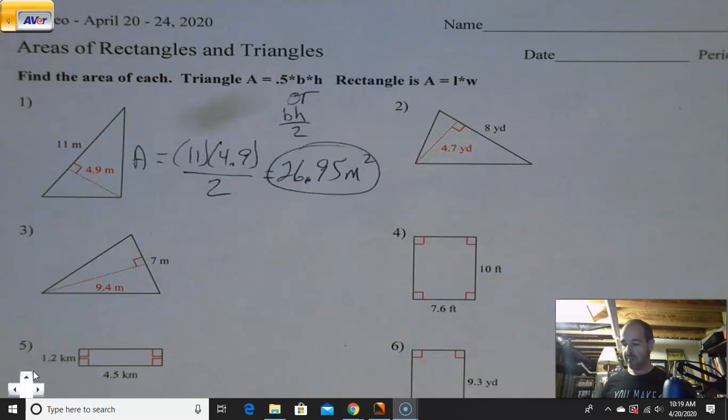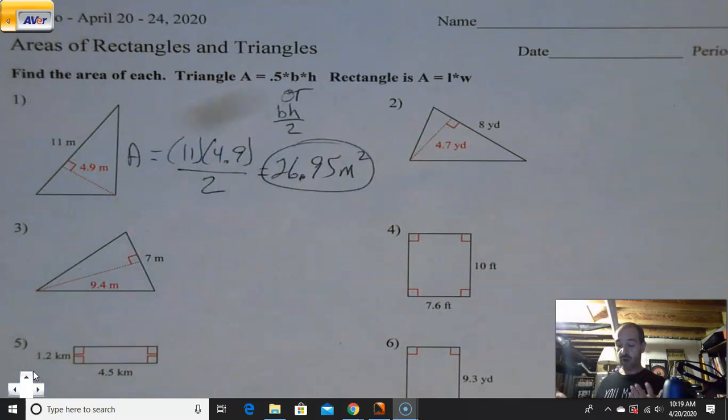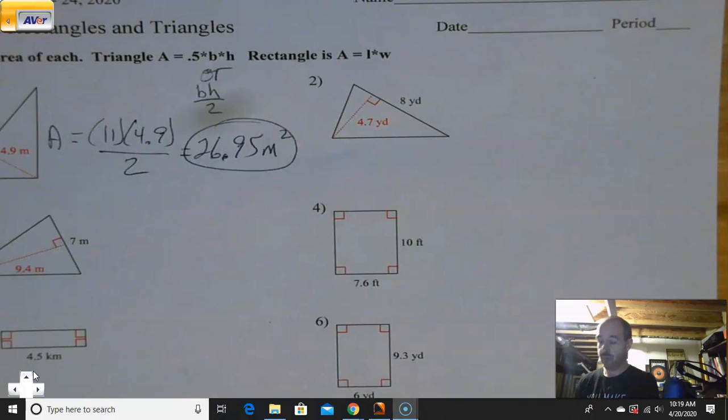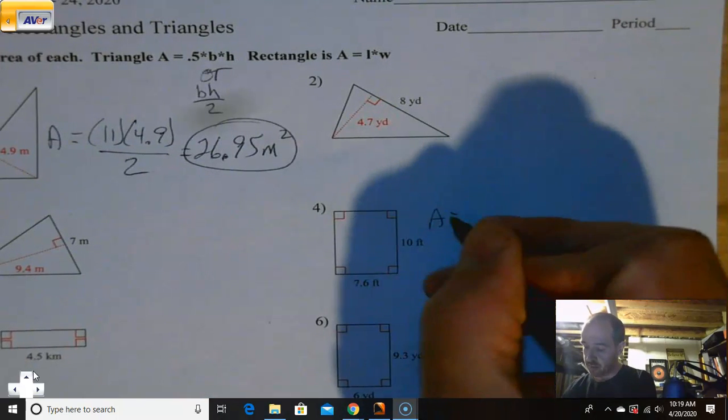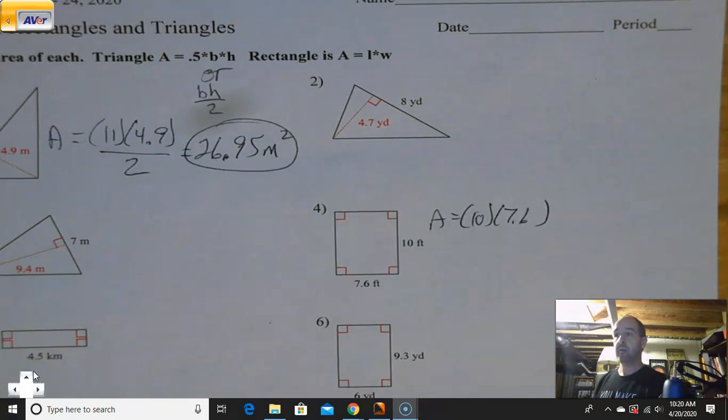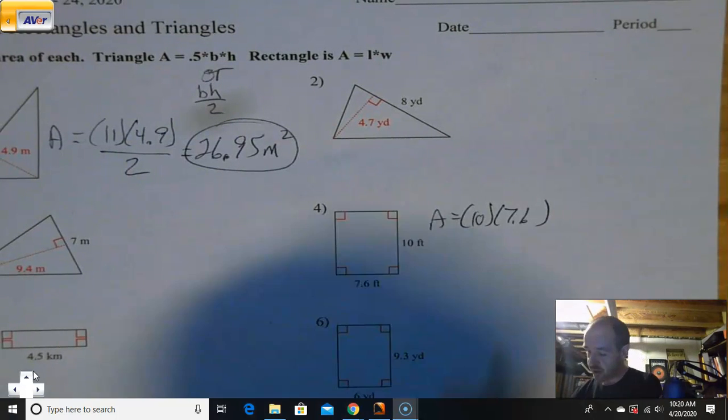So for triangles, base and height divided by 2, we're in good shape. Rectangle's even easier. We just take our two sides and multiply them together, 10 times 7.6. Multiply those, calculator if you need.